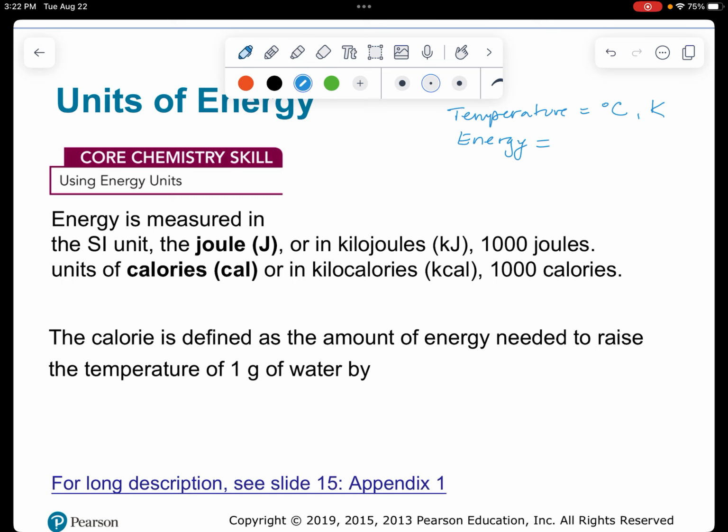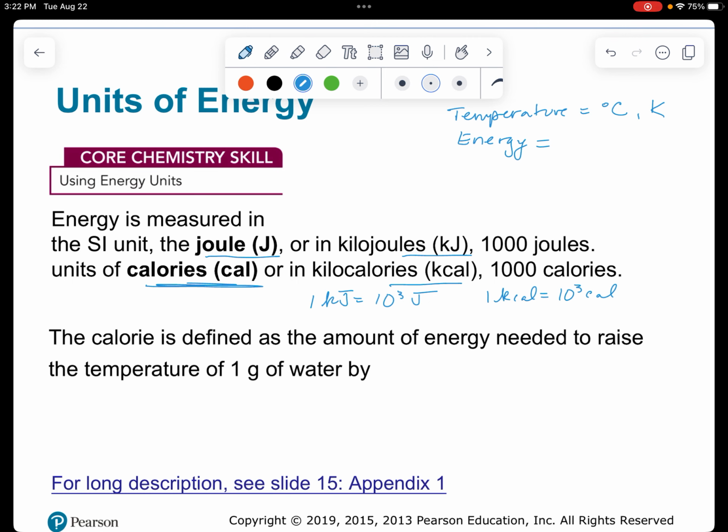The units of energy that you're probably most familiar with are calories or kilocalories. And there is also the joule or kilojoules. So 1 kilojoule is 10 to the third joules. Likewise, 1 kcal is 10 to the third calories.